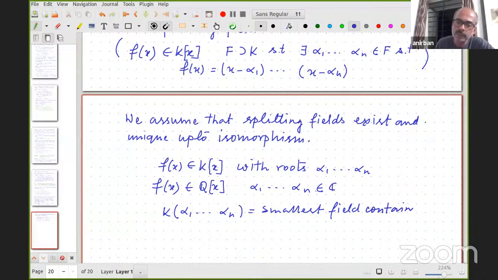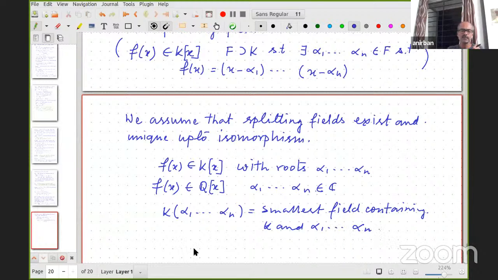That would definitely be the splitting field. You cannot split the polynomial in any smaller field, and this is enough. So the splitting field would be the smallest field containing K and alpha 1, alpha 2, ..., alpha n.